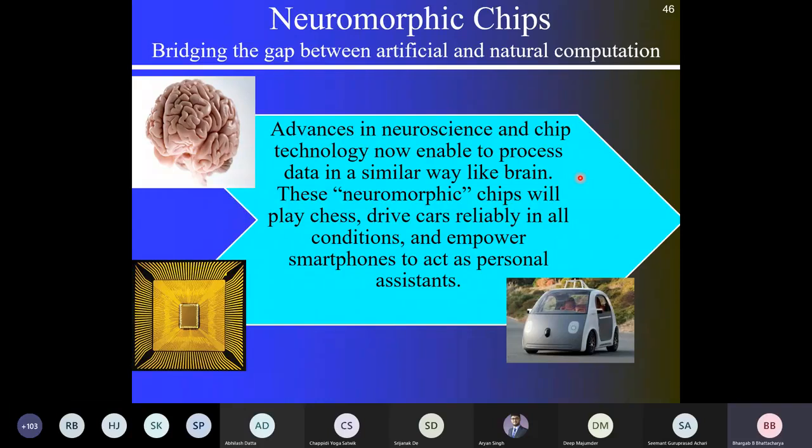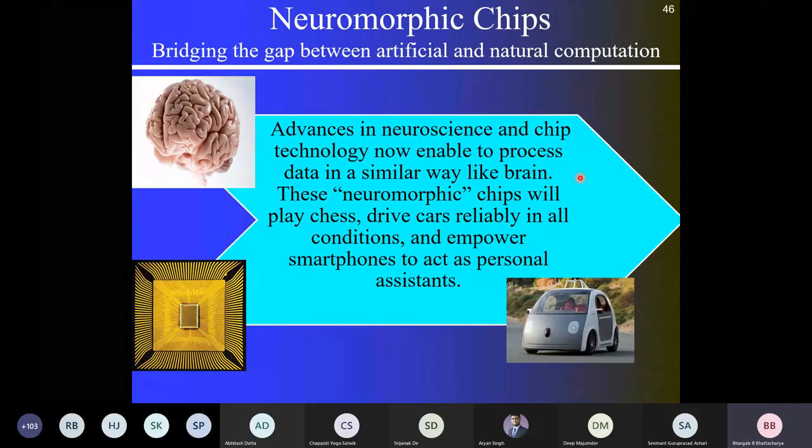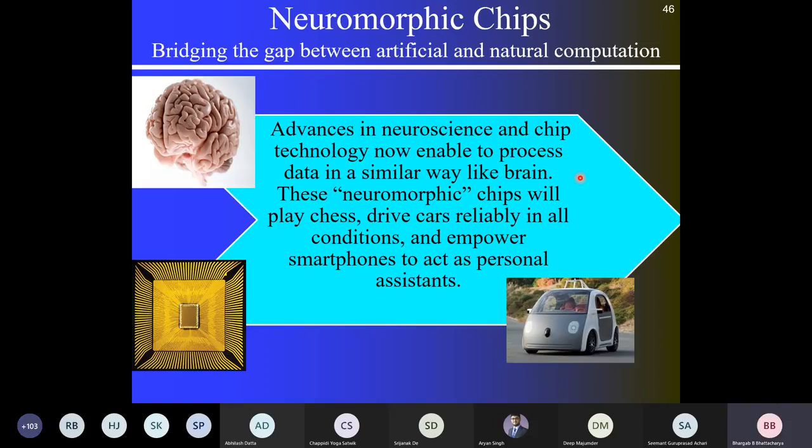These chips are based on deep learning methods, deep neural networks and so on. They deploy deep neural networks and other technologies which emulate neuroscience, the basic computing paradigm which is followed in the human brain.